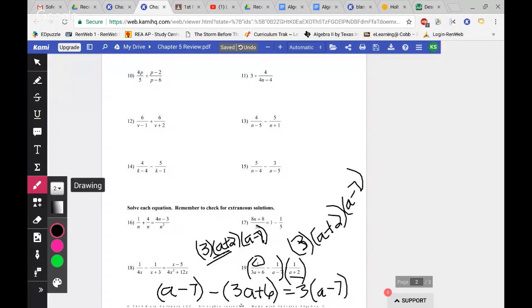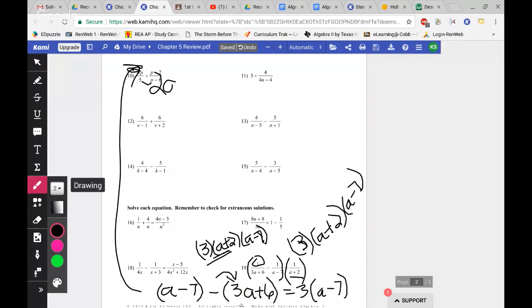I'm going to move all the way up to here and finish my problem. So now I've got a minus 7 minus 3a plus 6. This minus right here has to be distributed all the way through, okay? So I've got a minus 3a, which is going to leave me with a negative 2a.